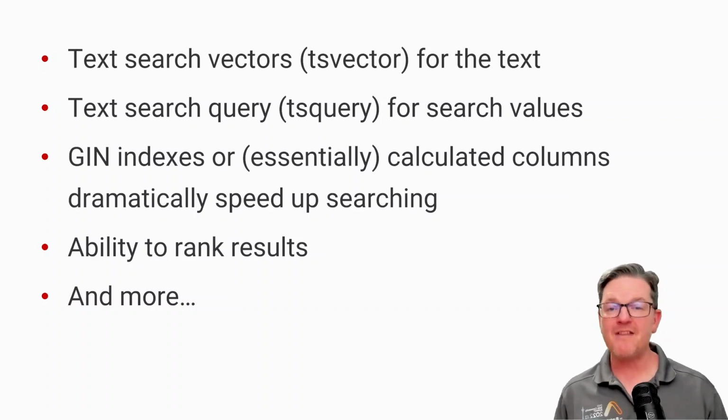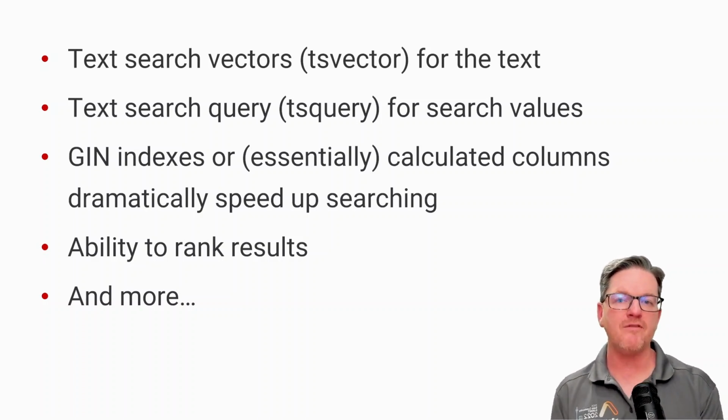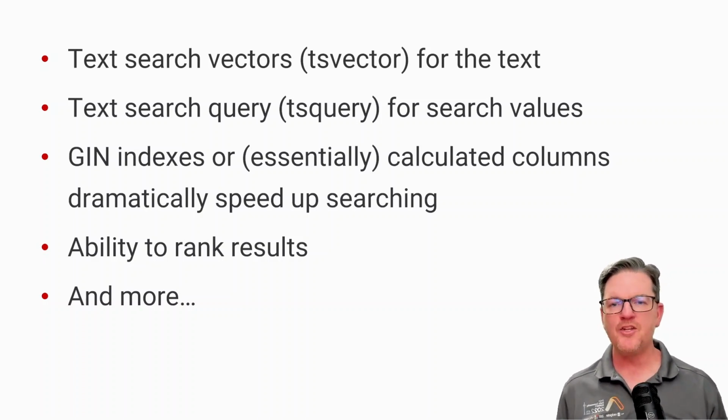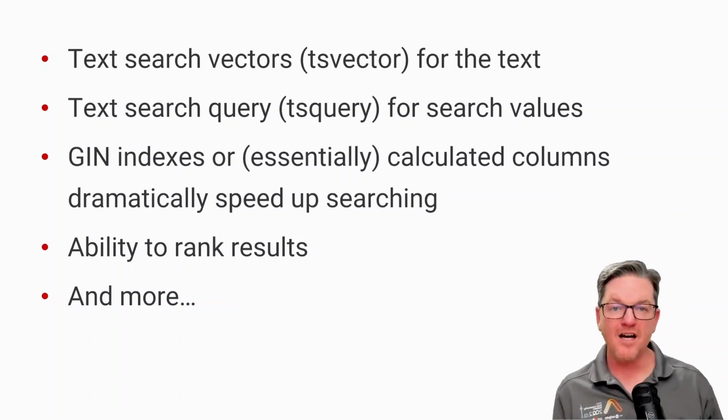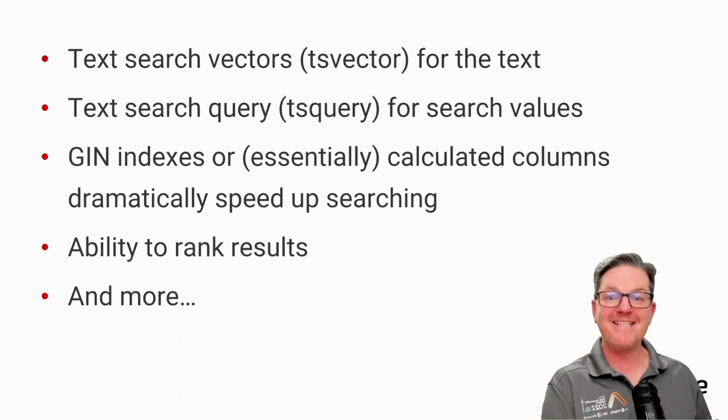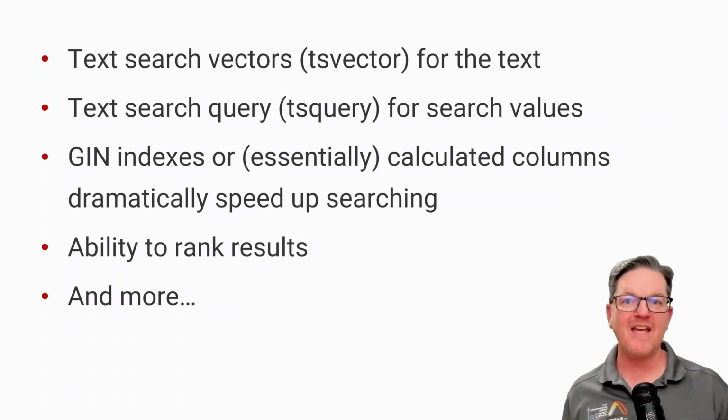Now, the benefit is out of that work, we have things called GIN and GiST indexes, but specifically GIN indexes can be added to or put over top of columns of data, or you can actually create calculated columns of your text as TS vectors, which can then also be indexed.